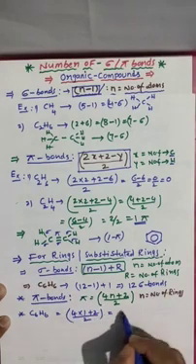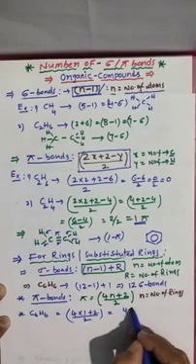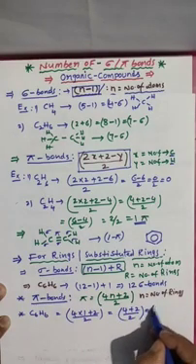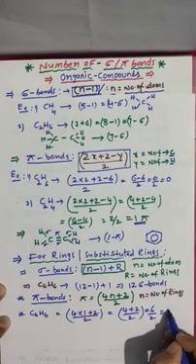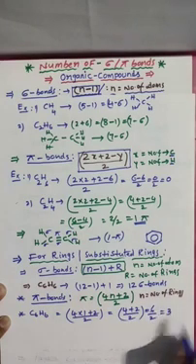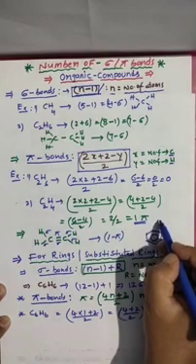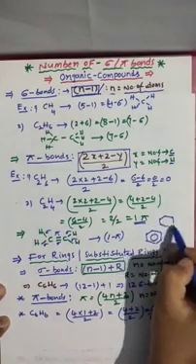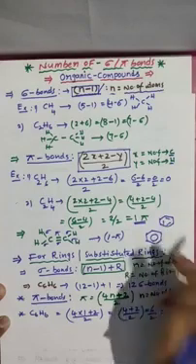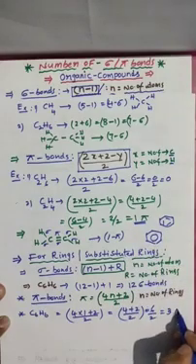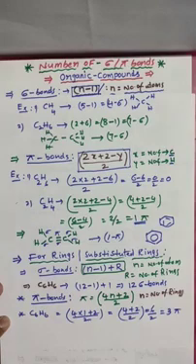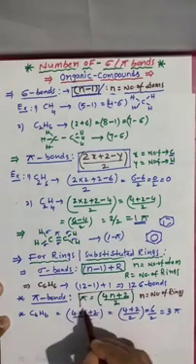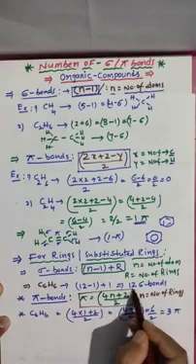That is equal to 4 plus 2 by 2, that is equal to 6 by 2, that equals 3. 3 pi bonds we have now in the benzene ring. You know very well. Here I am drawing the benzene ring. 3 pi bonds. So 3 pi. You can use this formula to calculate pi bonds.